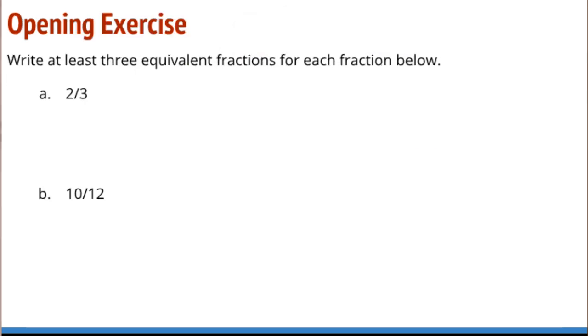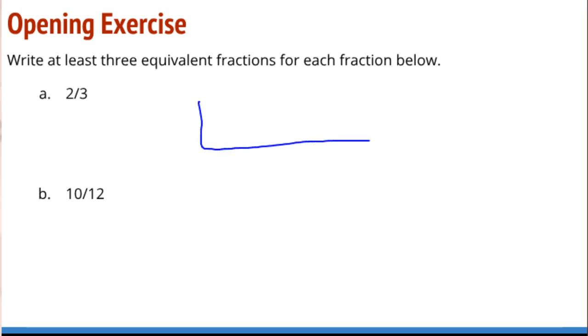All right, so one of our strategies that we're going to use today as we divide fractions that have different denominators, we're going to make equivalent fractions. So we're going to do a little bit of scaling so that we can get the denominators to be the same. So we're looking for equivalent fractions to 2/3.